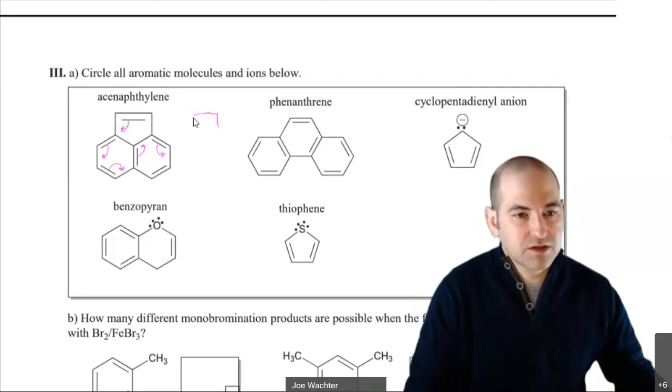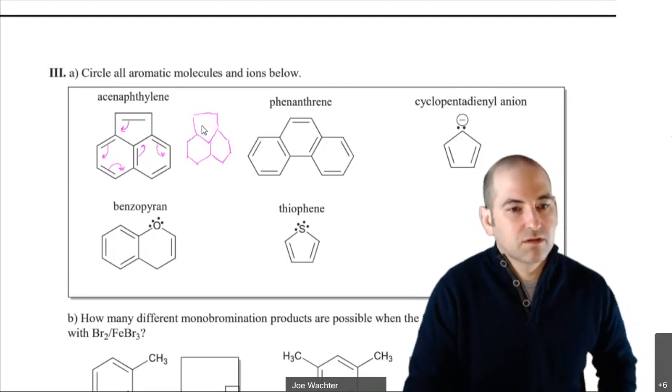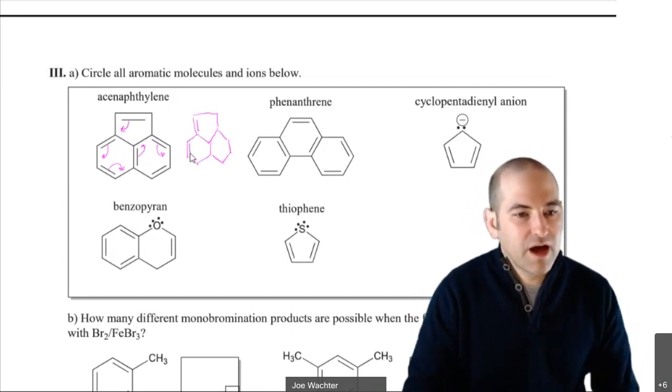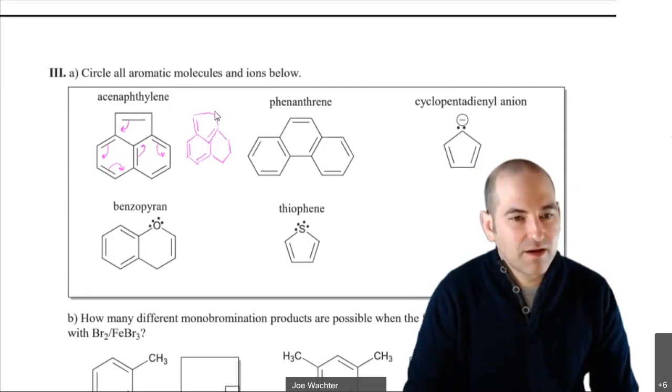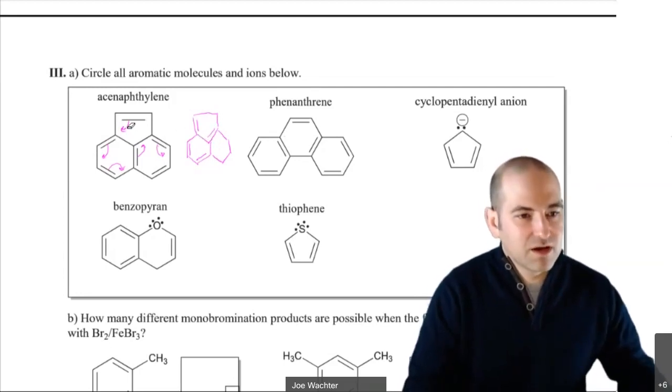So if I try to draw the results of that, I'm moving that one here, this one over here, this one there, and then I move this one up here. Well, that can't be right because now I've got this extra thing that's not working. Let's see if we can move it in another way.